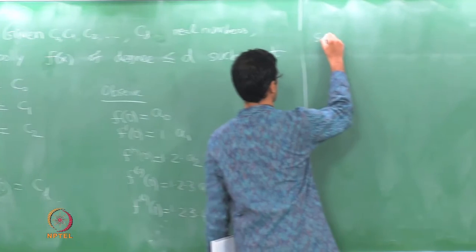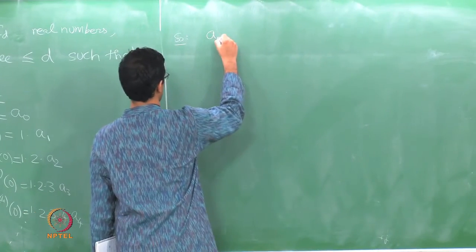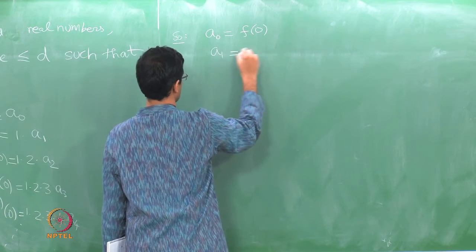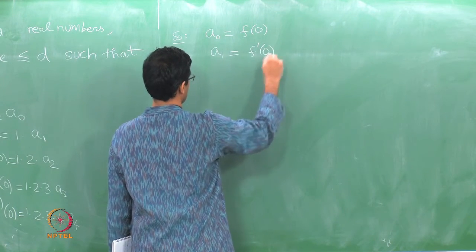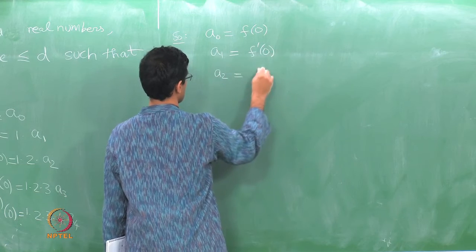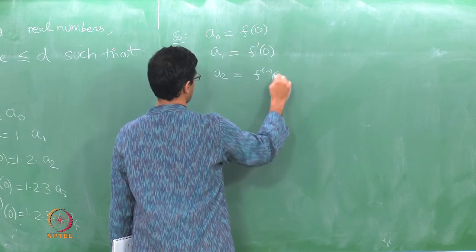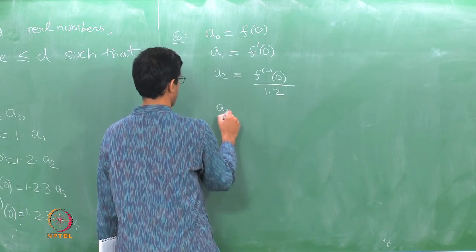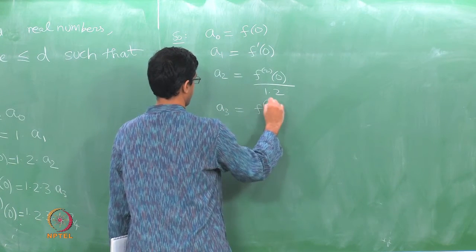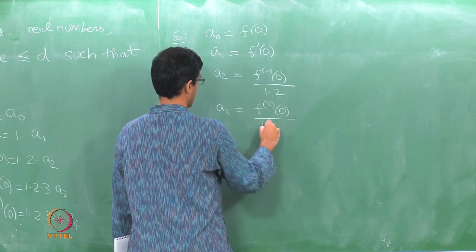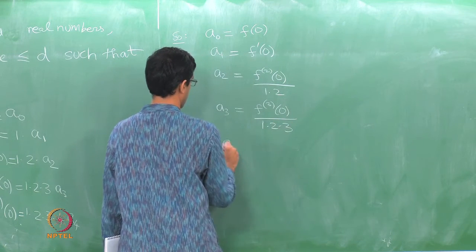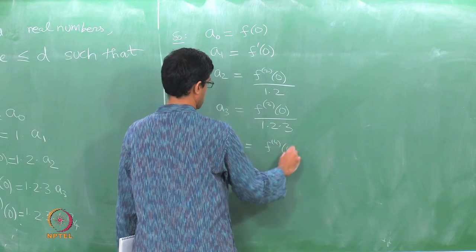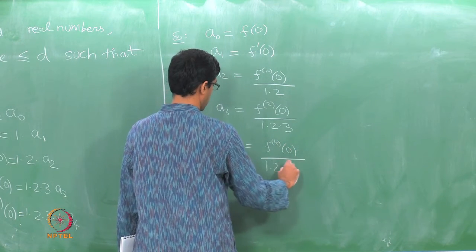So in fact we conclude that a0 is just f of 0, a1 is just the first derivative, a2 is the second derivative divided by 1 times 2, a3 is the third derivative divided by 1 into 2 into 3, then divided by 1, 2, 3, 4 and so on.